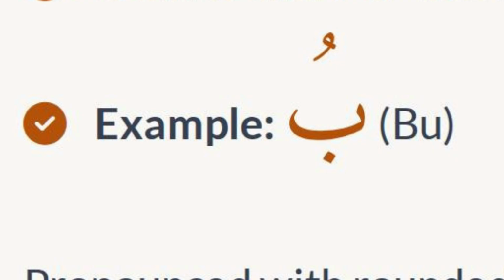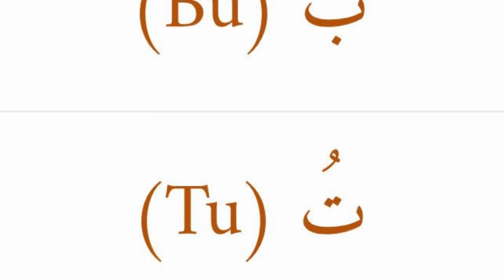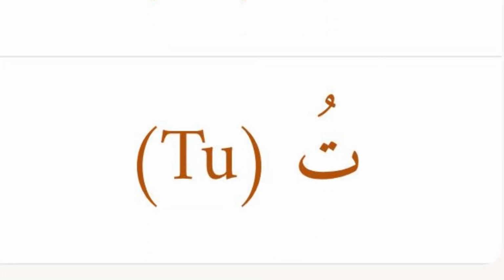Let's see some examples. Buraq. You see, when we put dhamma above the ba, it goes like bu. So the dhamma is like you add an o or oo to the letter. It goes like this: u, bu, tu, fu, ru, qu, khu.